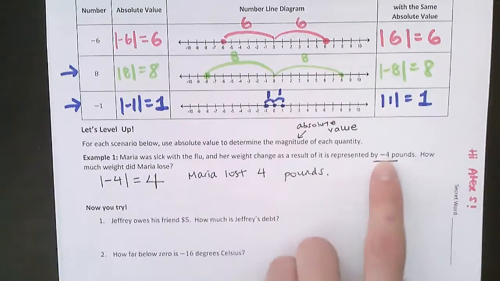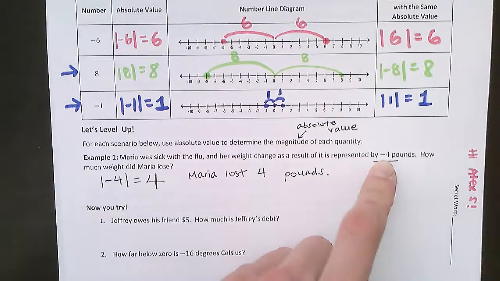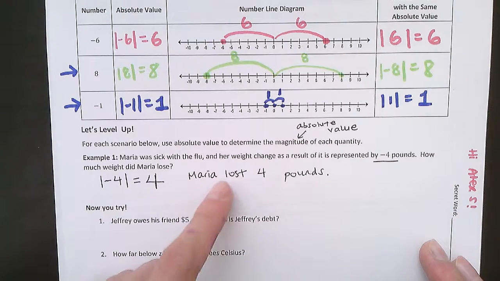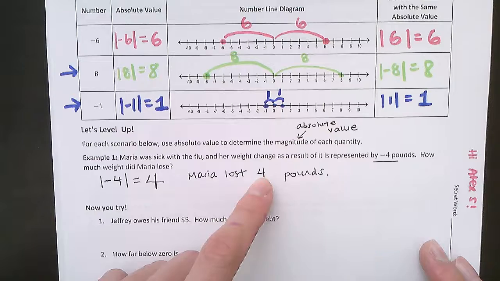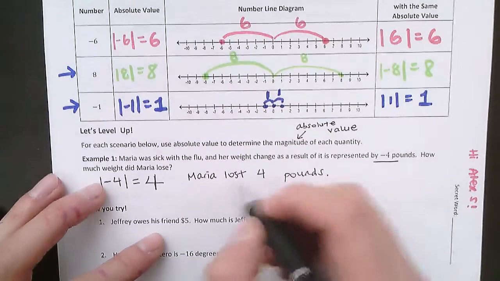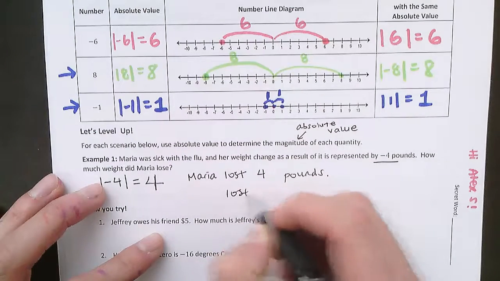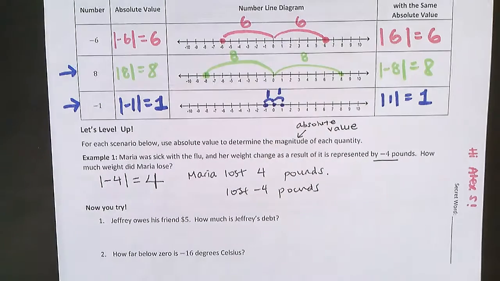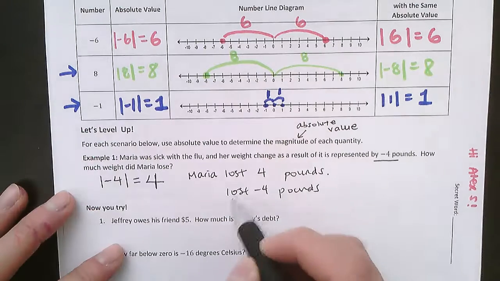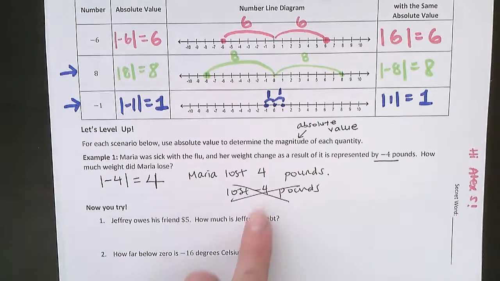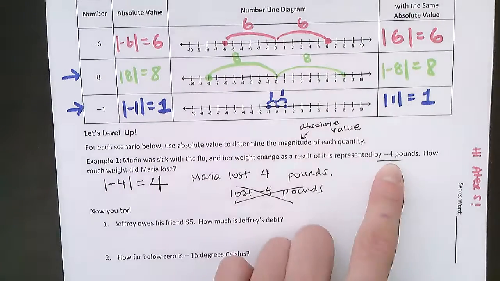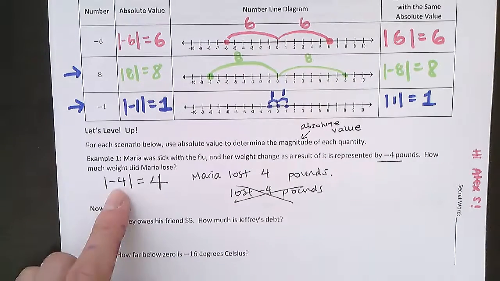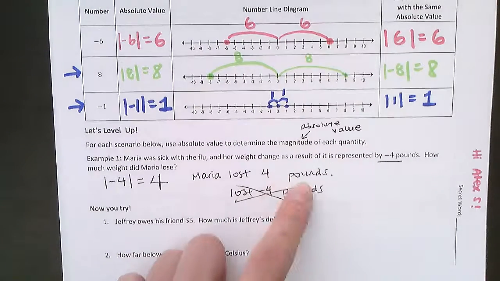So even though this number up here is negative, the reason why we say a positive number here is because if you said that Maria lost negative 4 pounds, that doesn't really make sense. You can't lose a negative amount of something. So that's why we don't say negative 4, even though it's a negative 4 here. We find the absolute value and we say Maria lost 4 pounds.